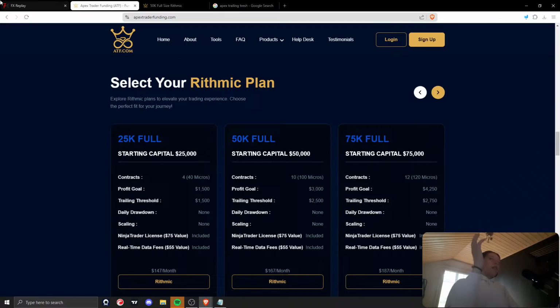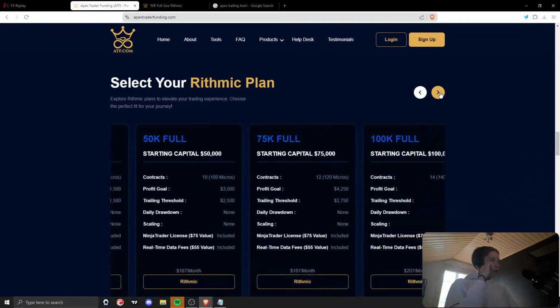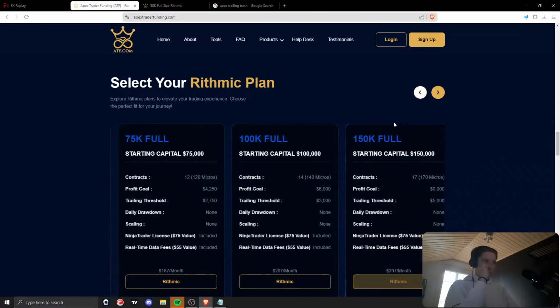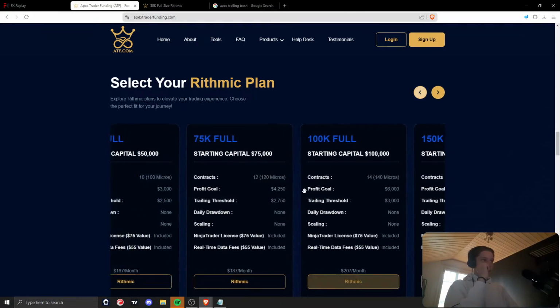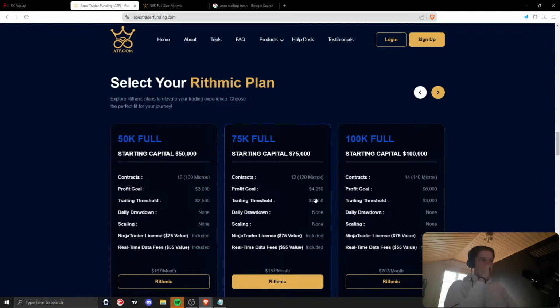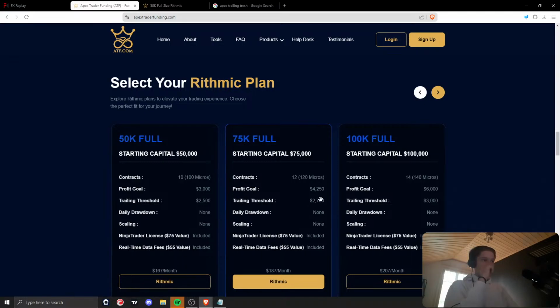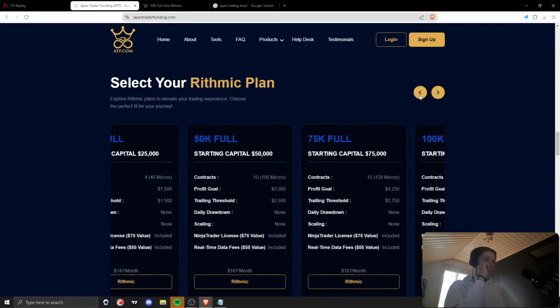So yeah, I'm not fully sure about the ruling here, but as far as I'm concerned, this is the drawdown you are allowed to have. You're allowed to lose this amount of money, and it's kind of trailing.